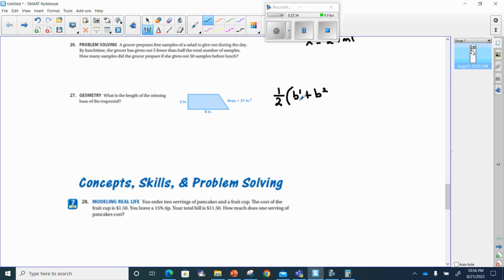And I want to say it's times the height, because you're getting the averages, and times the height is going to give you the area. So in this case, the area was 21. The height is 3 inches.